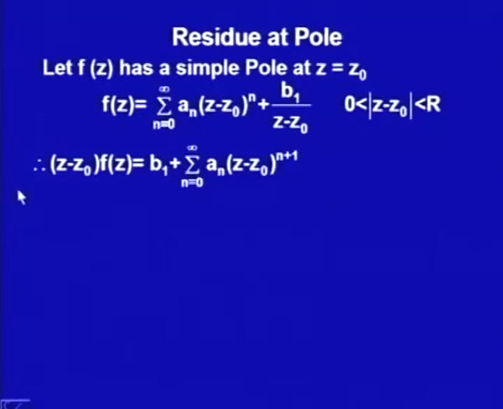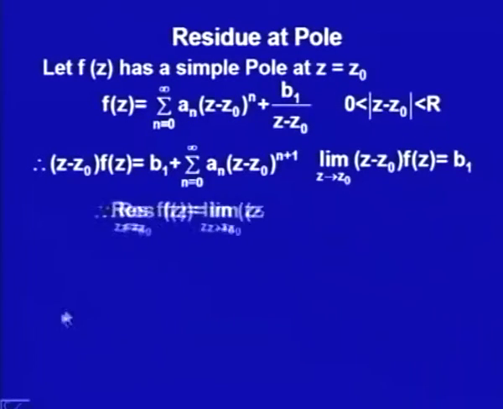Now, if I take the limit as z approaches z naught, z minus z naught will approach 0. That is, all these terms will go to 0, and what I would be left with is only b 1, that is the residue. So we have got one simple method to find the residue if the function has a simple pole at z naught.